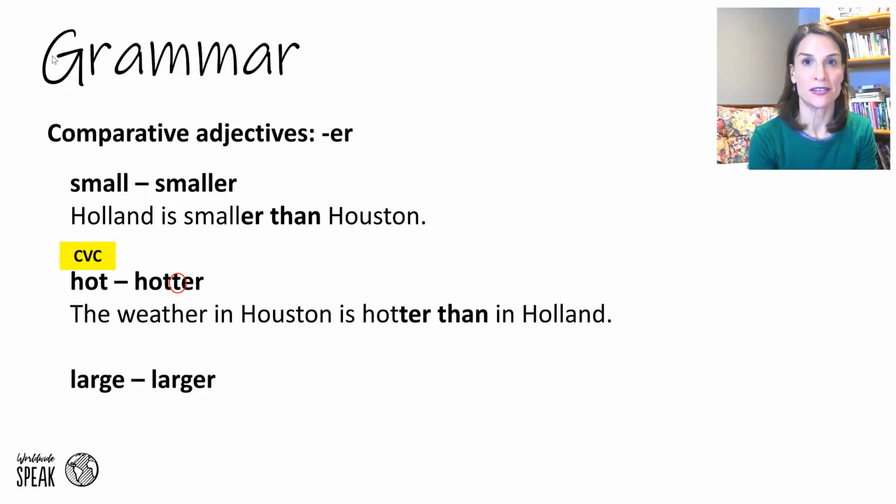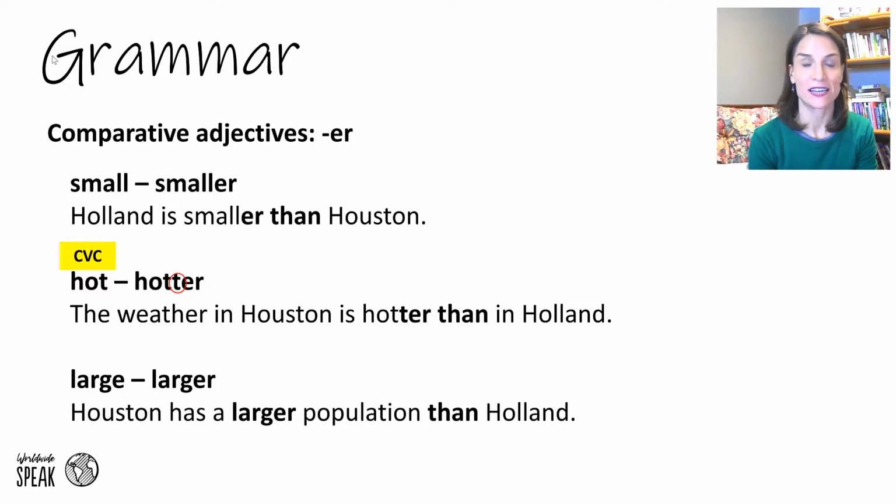Another example here is large, larger. So large ends with an E. I don't have to add ER, I'm just adding R so that the ending is now an ER ending. Large, larger. And here in my sentence, I will make it like this. Houston has a larger population than Holland.